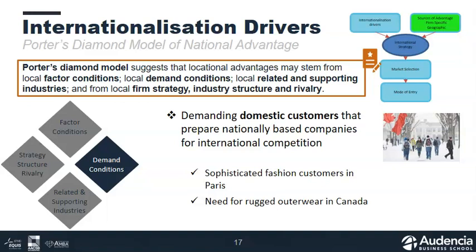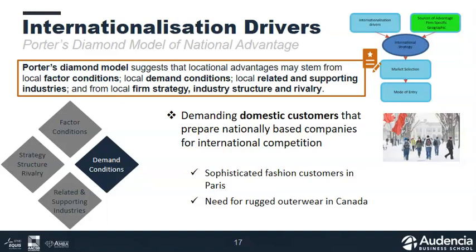So if you go to Paris or Milan, you have a very sophisticated fashion buyer. Because those customers in your home market are so demanding on you, this allows you to become better abroad. Take the need for rugged outerwear in Canada. Canada, we know, has very rugged and difficult winters. As a result, producers of outerwear face a very demanding client for the quality of products.